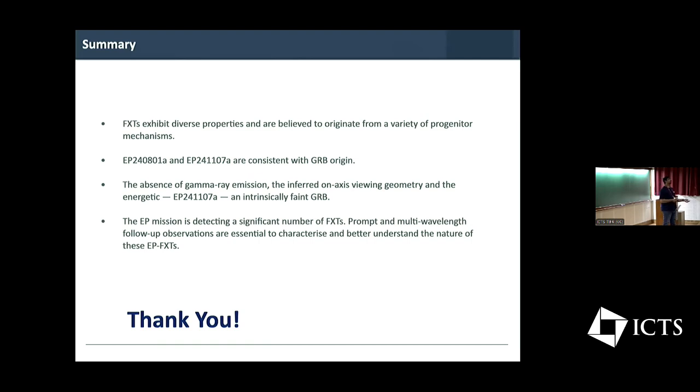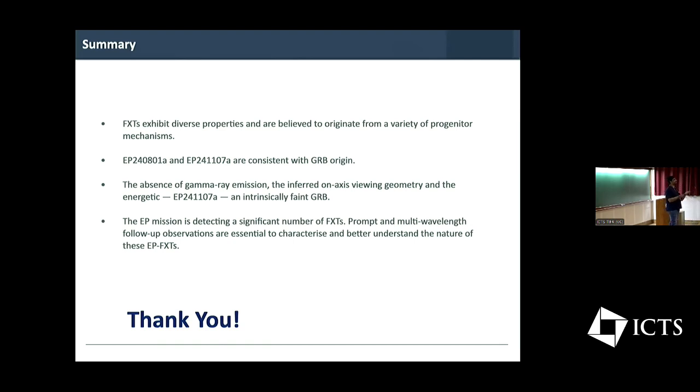For the gamma-ray part, the duration is much shorter compared to that of EP. But in many cases, the EP detection comes first and is then followed by a GRB. So there is that kind of delay in some cases. In some cases, gamma-rays are detected at the same time as the Einstein Probe detection.